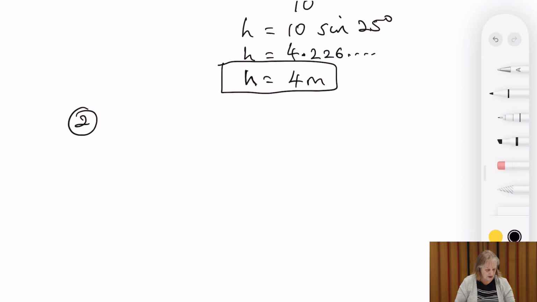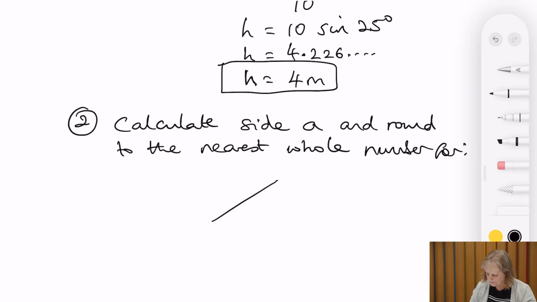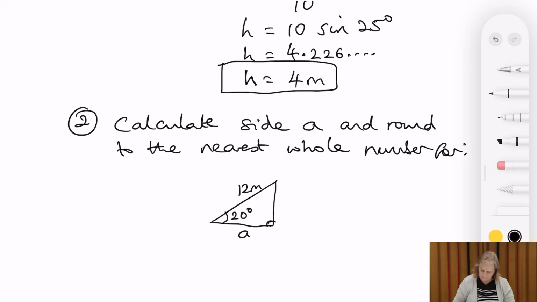The next question, number 2, is we're going to calculate side A in this diagram, and again round to the nearest whole number. And this is the diagram that we have here. Okay, so we know the side A, which is one of the smaller sides, is indicated here.